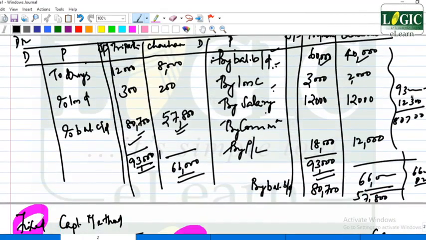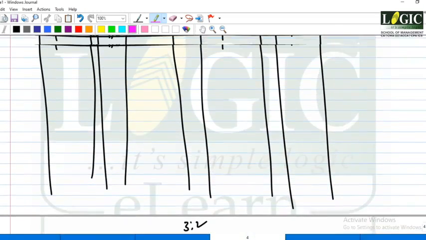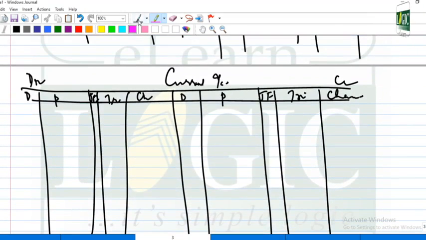The remaining things like interest on capital, salary, commission, profit share, drawings, interest on drawings, everything you will be putting in the next account, that is called the current account.